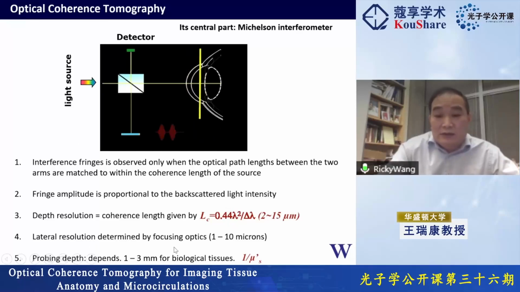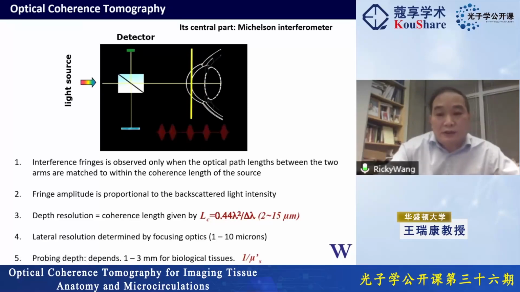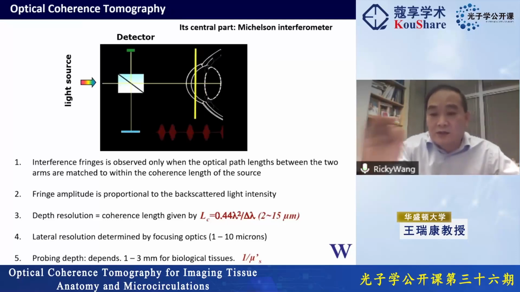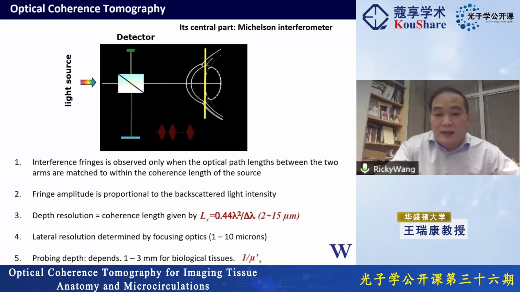The lateral resolution is determined by the objective lens you put here to focus light into the tissue. Basically, lateral resolution is determined by how small a beam spot you can control in the tissue sample. The typical lateral resolution is between 1 to 10 microns, and the typical axial resolution is between 2 to 15 microns.